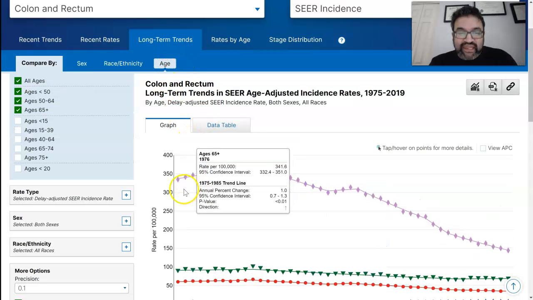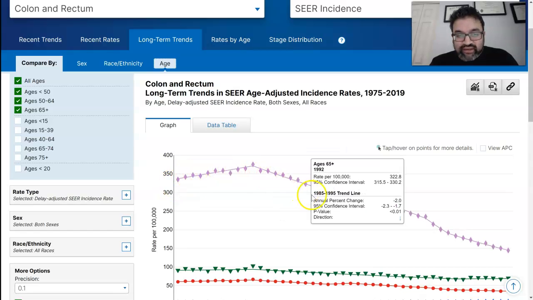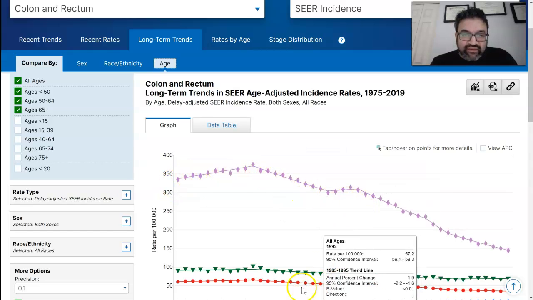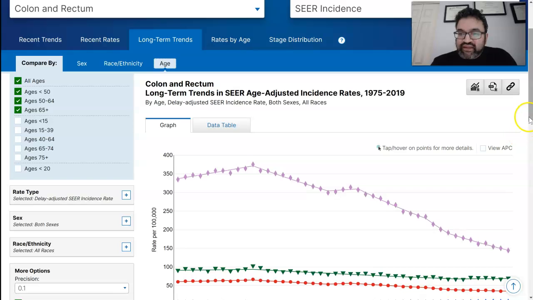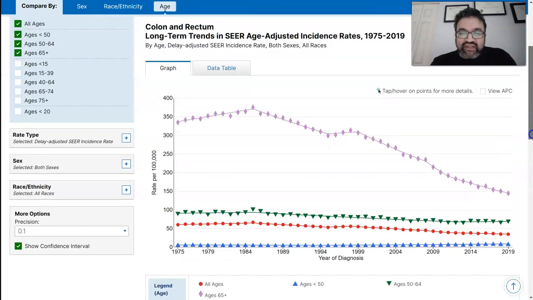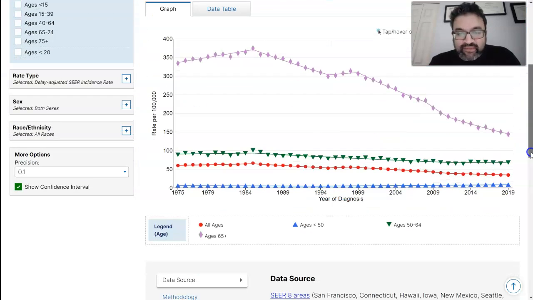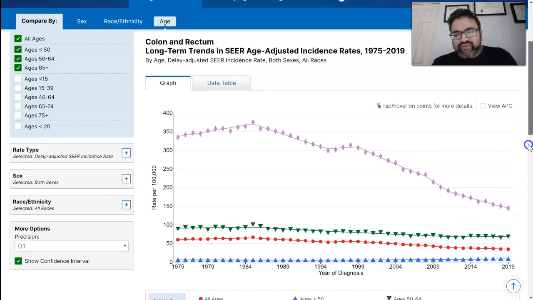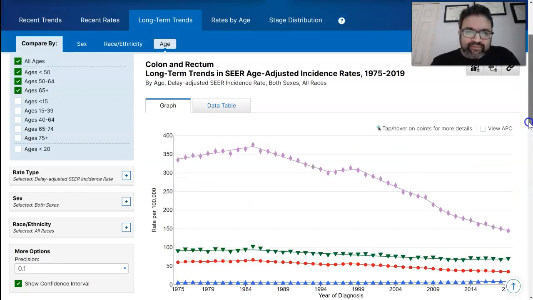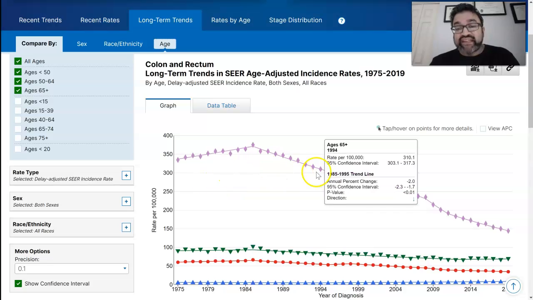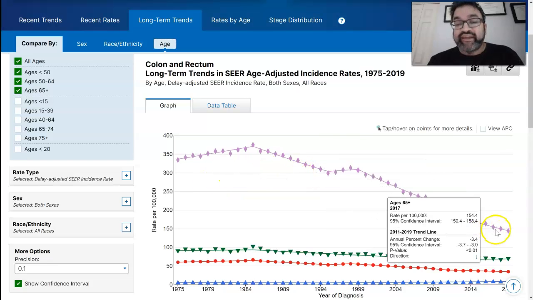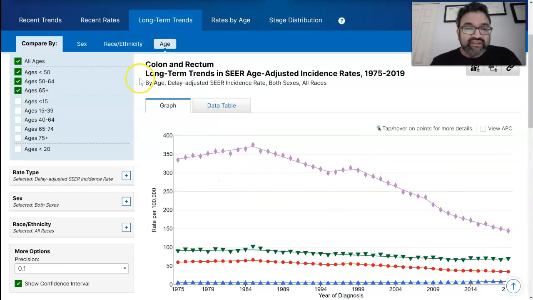And then of course with age, it's important to look at that disaggregated data, and the rate has been going down at higher ages, which is really good.